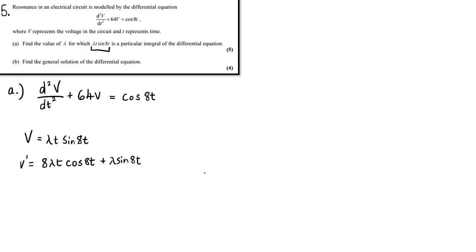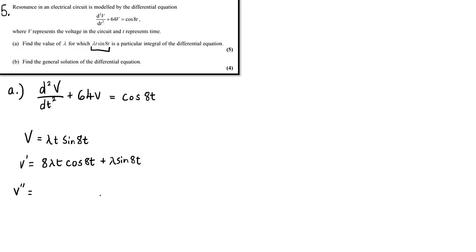Okay, so that's the first derivative, but notice we need the second derivative, so I now need to differentiate v prime one more time with respect to t. So I get v prime prime here, and again we need to differentiate this. Again, you'll need to apply the product rule on this part here, this 8 lambda t cos 8t.